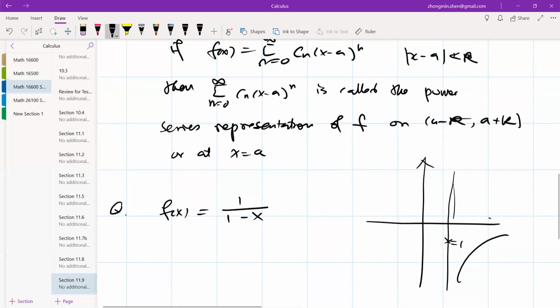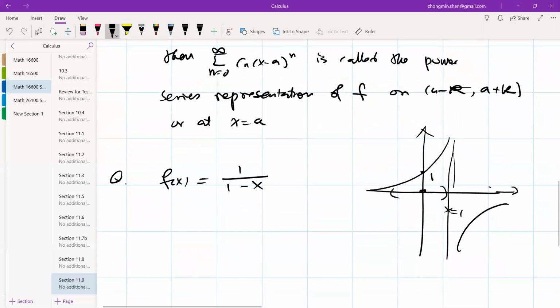When x is less than 1, it's going to be like that. When x equals 0, this is 1. So this is the graph. Around the origin, I can find a power series representation, because of this singularity at 1, the largest possible interval around 0 is going to be from -1 to +1.